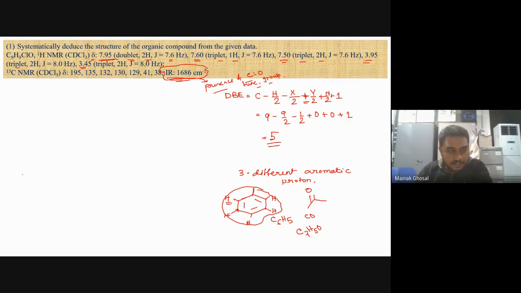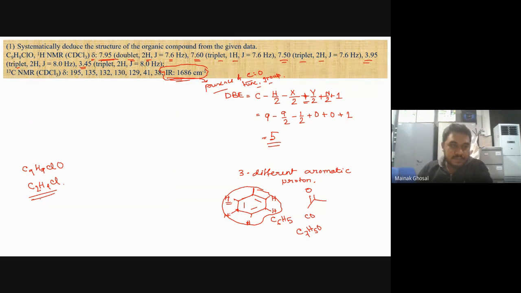You are given C9H9ClO. Now you have solved that this would be the probable fragment, so you subtract, and you are left with C2H4Cl.